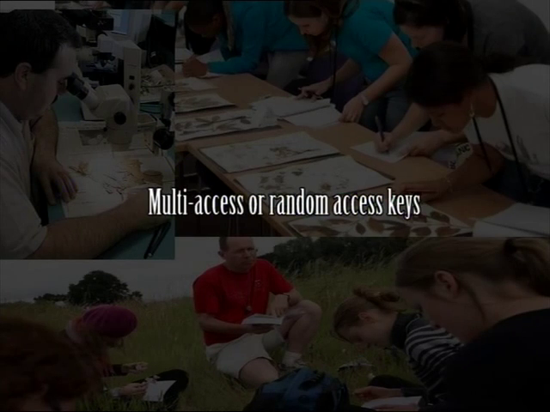Now we come to the next type, multi-access or random access keys. The multi-access key is an identification key which overcomes the problem of more traditional single access keys of requiring a fixed sequence of identification steps.